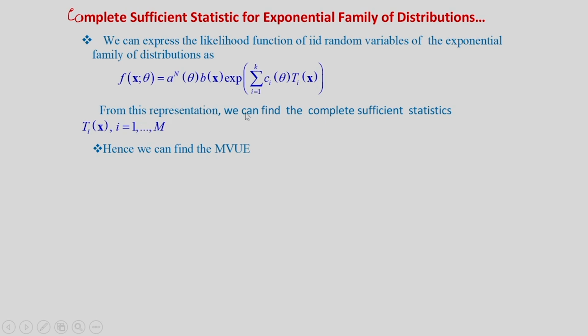From this representation, we can find the complete sufficient statistic Ti(x) for i equal to 1 to k. Hence, we can find the MVUE as a function of this Ti(x), which is unbiased, and we know that only one unbiased estimator exists which has variance less than or equal to the variance of any other unbiased estimator. Therefore, that estimator will be the MVUE.